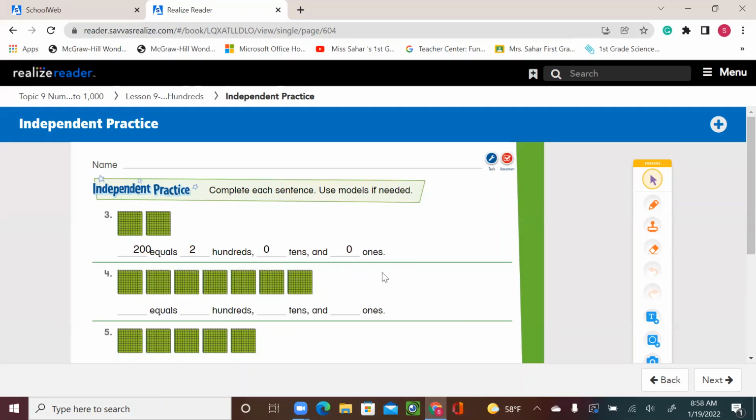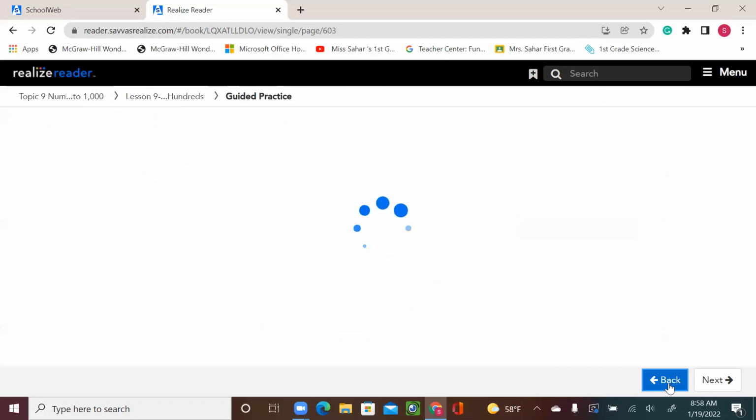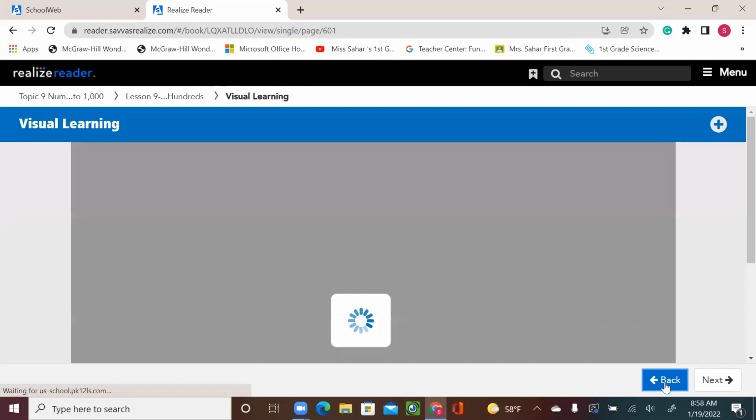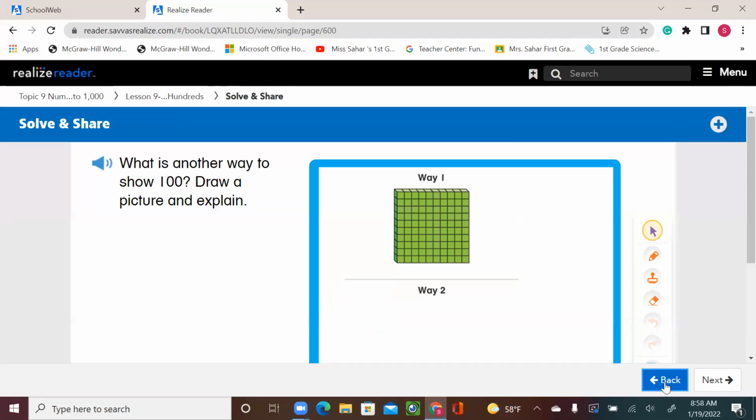All right, let's go to our practice. The first exercise, we have it in the beginning of the lesson. What is another way to show 100? Draw a picture and explain. So I know that this is one way: you have a flat sheet of 10 tens. Another way, if I break the tens and I keep them loose.